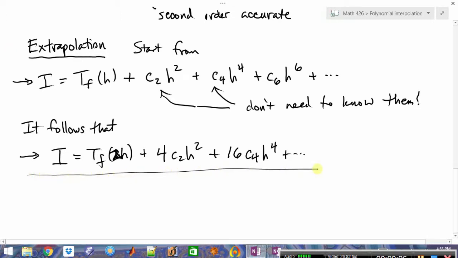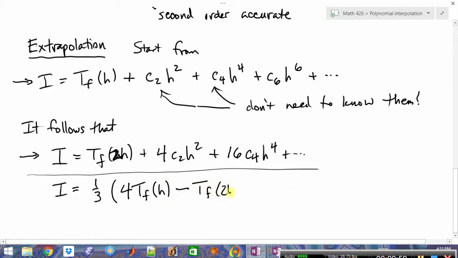It's simple arithmetic. If I take 4 times the first line and subtract off the second line, that gets rid of the C2 terms. Then that leaves me with 4I minus I, which is 3I, so I have to divide by 3. So in fact, I will have 1/3 of 4 times the first line minus 1 times the second line.